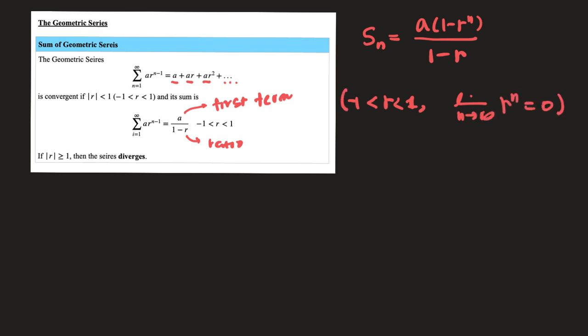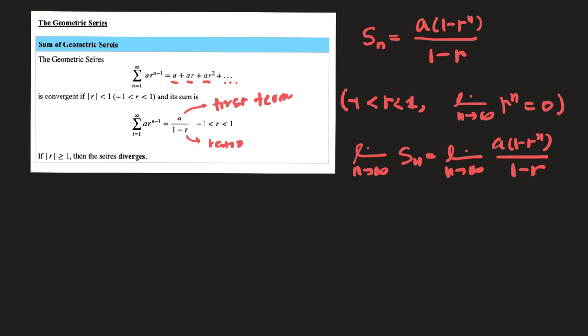We know this from geometric sequences. Now let's take the limit of the partial sum Sn as n approaches infinity of a(1 - r^n) over (1 - r). Then what happened?